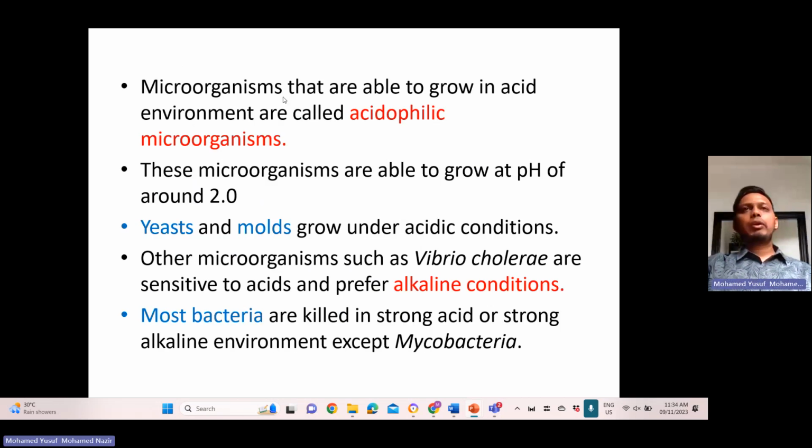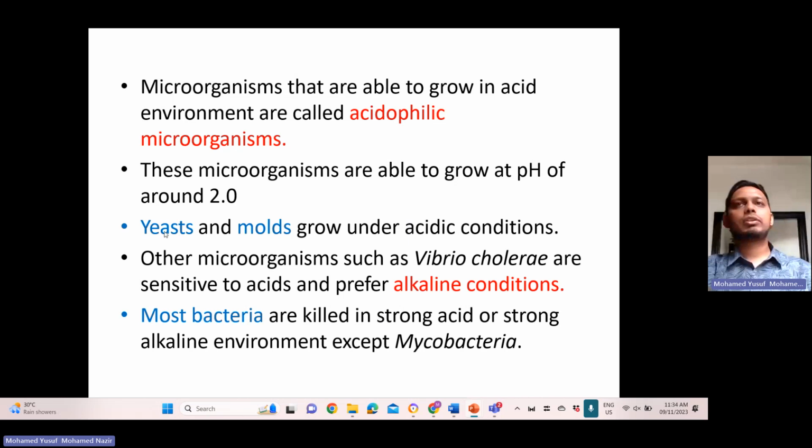Some microorganisms can grow in extreme conditions, and there are terms that we use for these microbes. We call them extremophiles. Some microbes can grow in acidic conditions, and we call them acidophilic microorganisms.